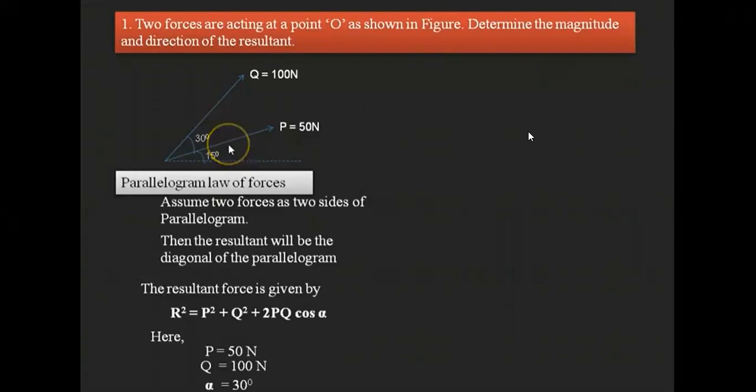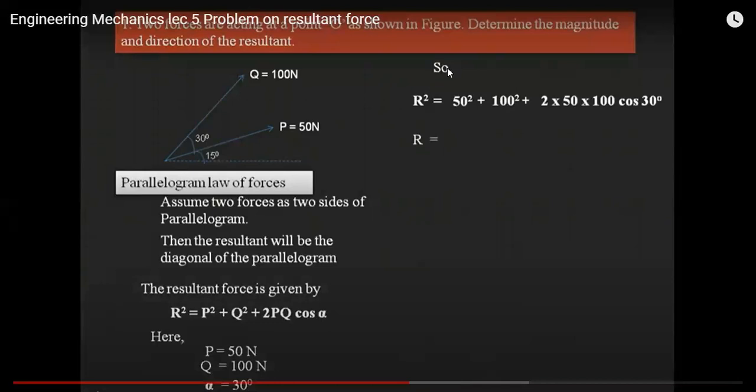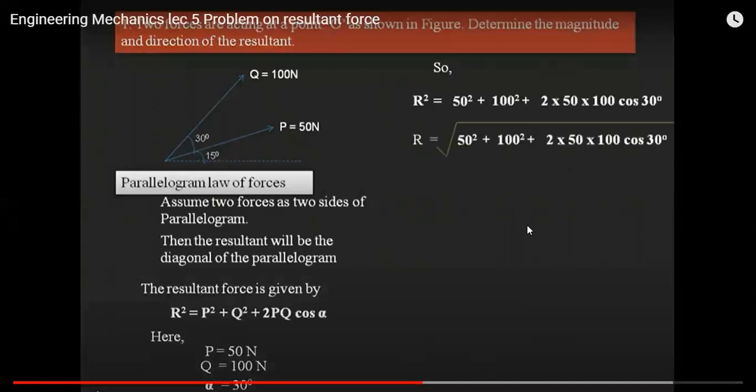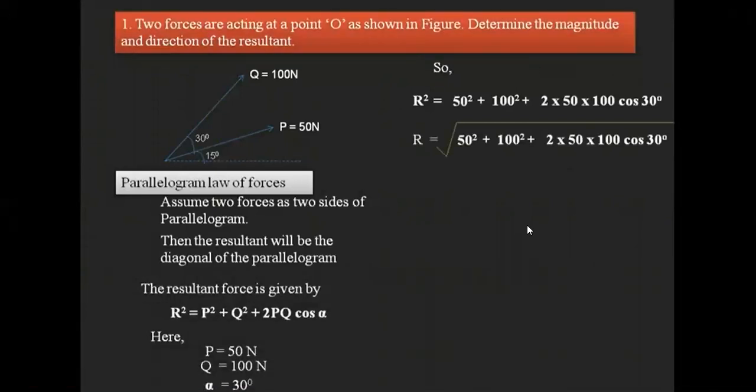Now substitute the values in the given formula for finding the resultant force. R squared is equal to P squared, that is 50 squared, plus Q squared, that is 100 squared, plus 2PQ cos alpha, that is 2 into 50 into 100 into cos 30 degrees.